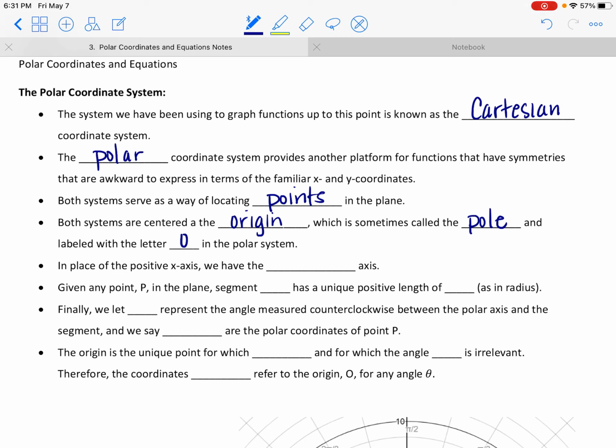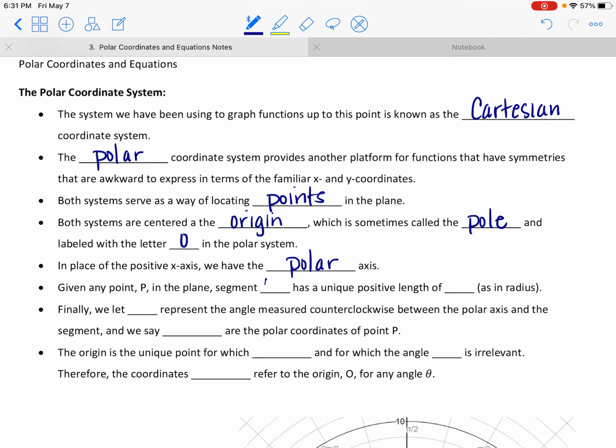Now, in place of the positive x-axis on the Cartesian system, we have what we call the polar axis on the polar system. And if you take any point P in the plane of a polar system, you can create a segment between that point and the origin.